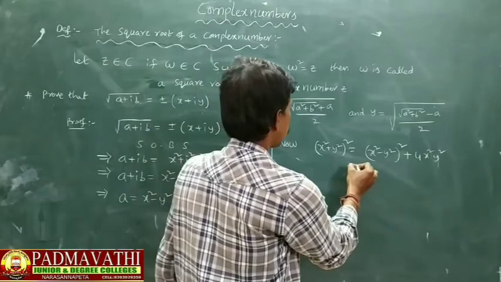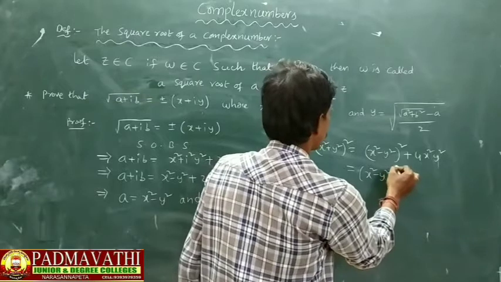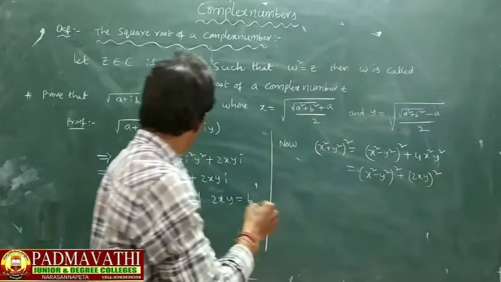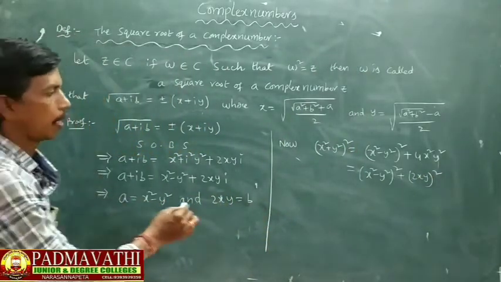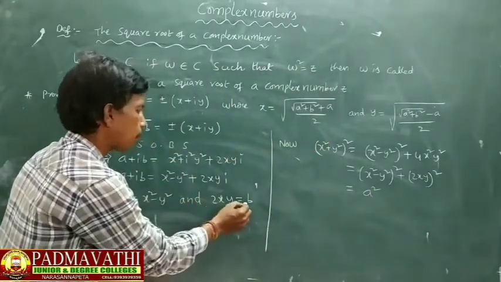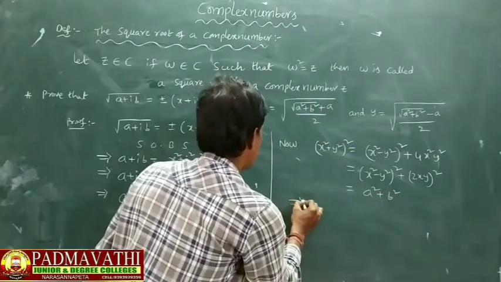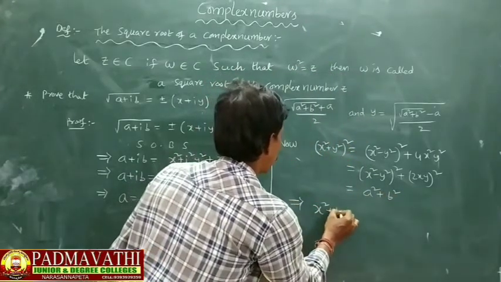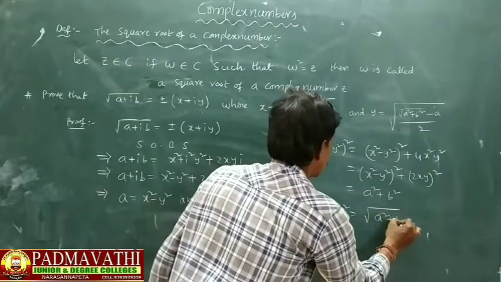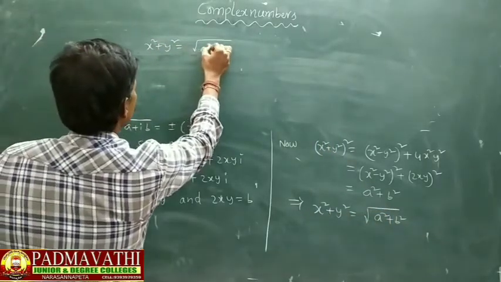So that is equal to (x square minus y square) whole square plus (2xy) whole square. We know that x square minus y square equals a, so that is a square, and 2xy equals b, so plus b square. So that implies x square plus y square equals the square root of a square plus b square, that is root of a square plus b square.